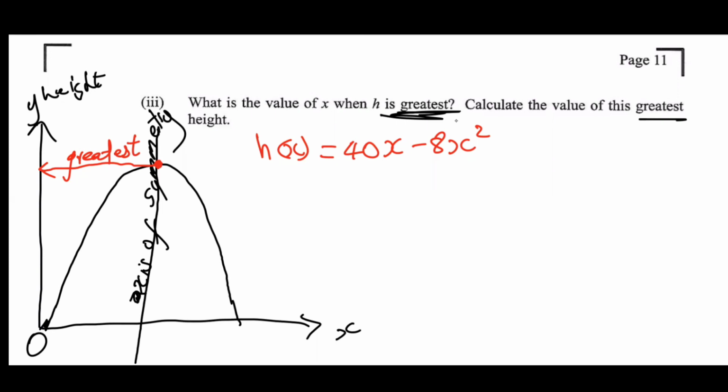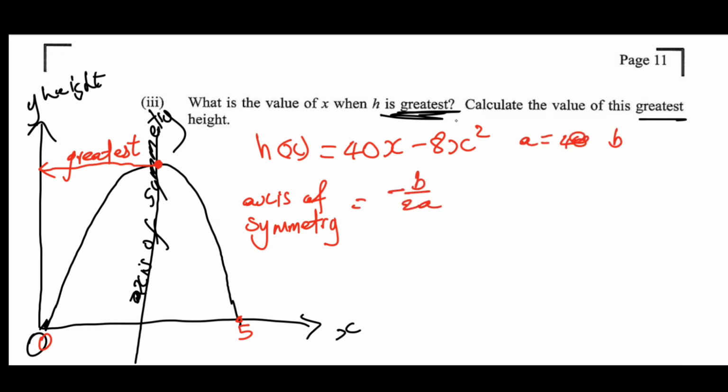The axis of symmetry can be found by this formula. We can do more than one thing to find it. We could use the 0 and the 5, add them, divide by 2, or you could use a formula that says minus b over 2a. Hold on. A is -8, b is 40.